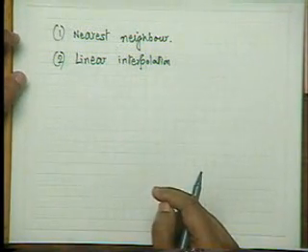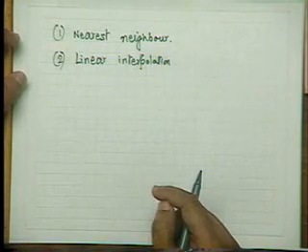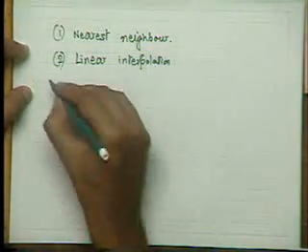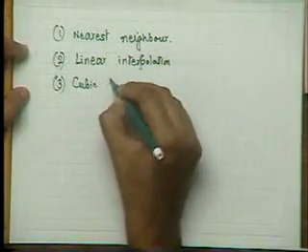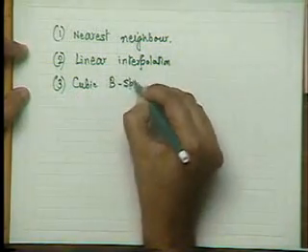So really what we get is a bilinear interpolation. And the third is interpolation using cubic B-spline.